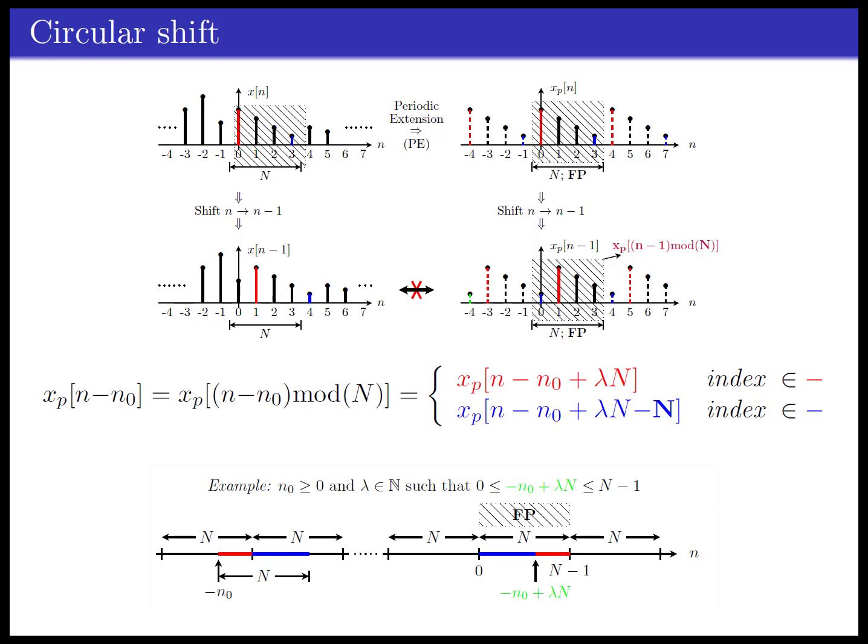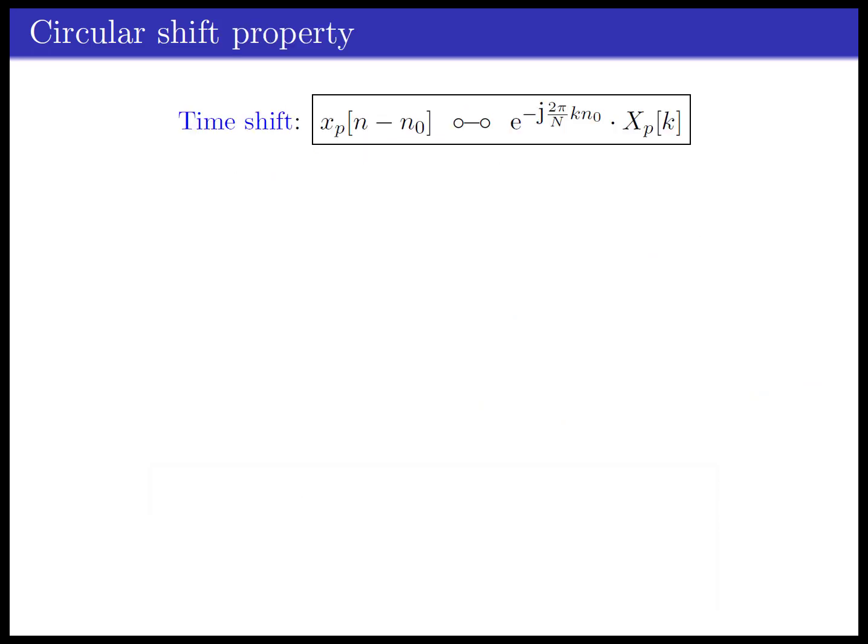We will use this way of indexing in the proof of the following circular shift property, which states that the circular shift in time domain results in a multiplication with a complex exponent in frequency domain. When applying the DFT to the shifted samples xp[n-n0], we can use the indexing of the previous slide.